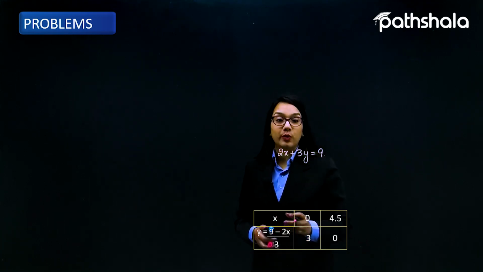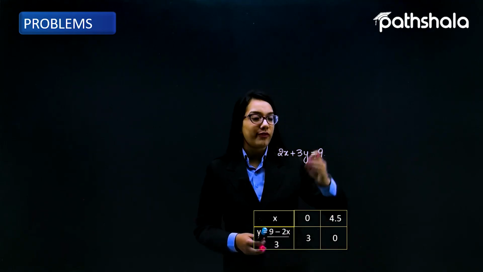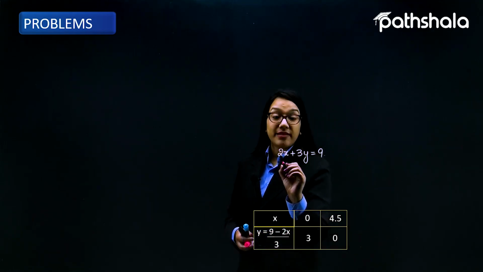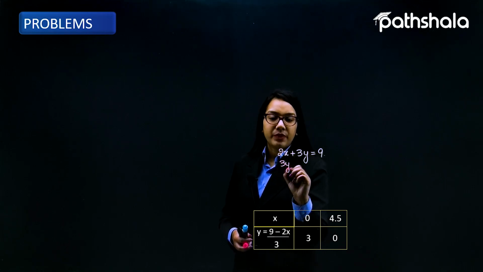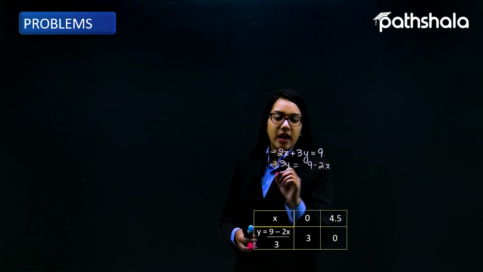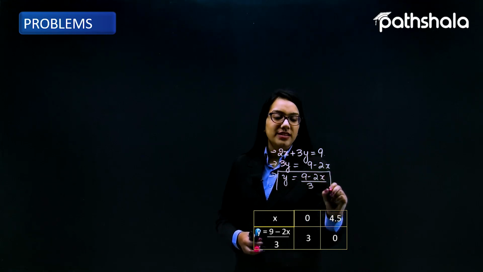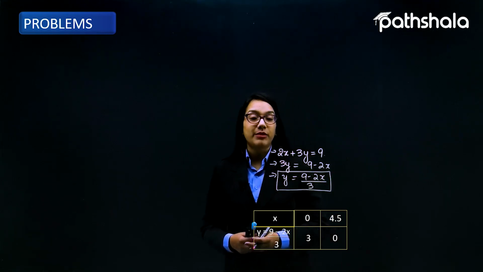Expressing y in terms of x, 3y is equal to 9 minus 2x, and furthermore y can be written as 9 minus 2x divided by 3.